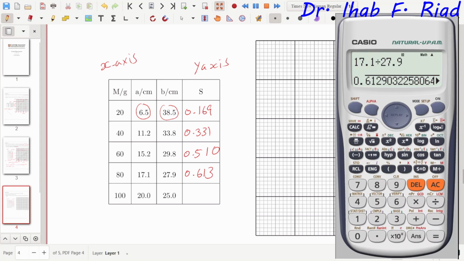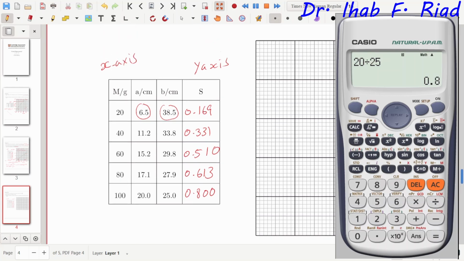And we have 20 over 25, which is 0.800. Okay, we have all of them consistent with three significant figures.